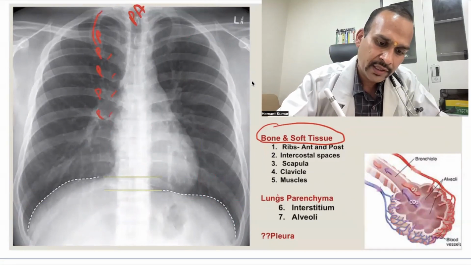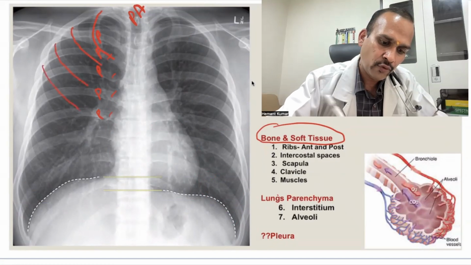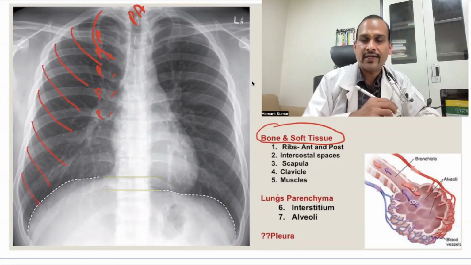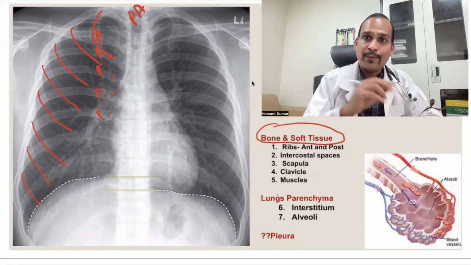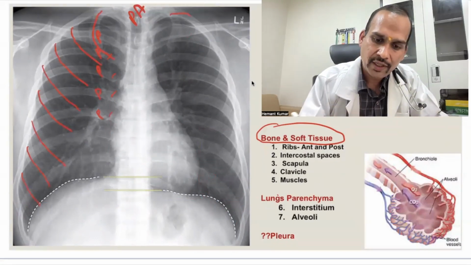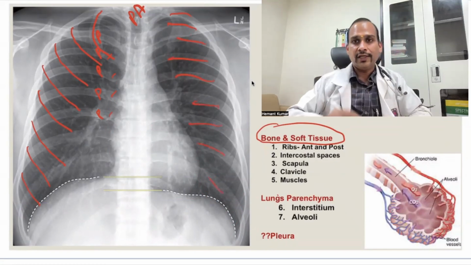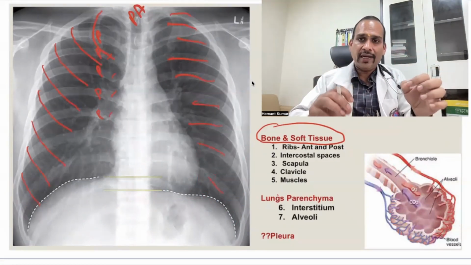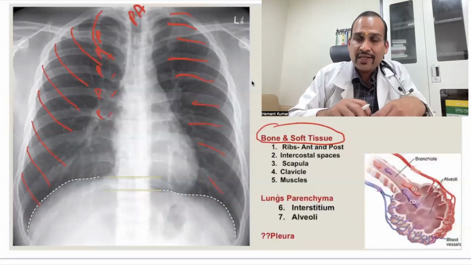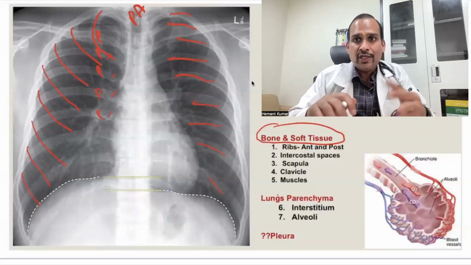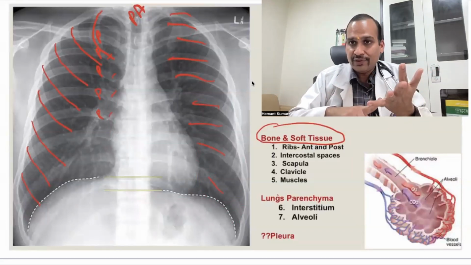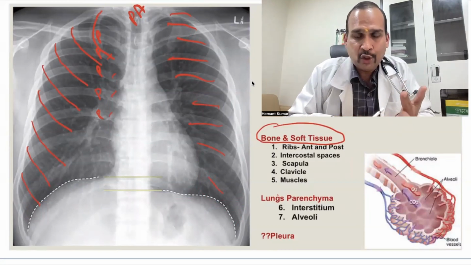See, count. This is one anterior rib, two, three, four, five, six, seven, eight. These are anterior ribs. Posterior ribs are 1, 2, 3, 4, 5, 6, 7, 8, 9. So we have to count anterior and posterior ribs. What is the significance of ribs? You can see rib fracture, which is most common in chest trauma.